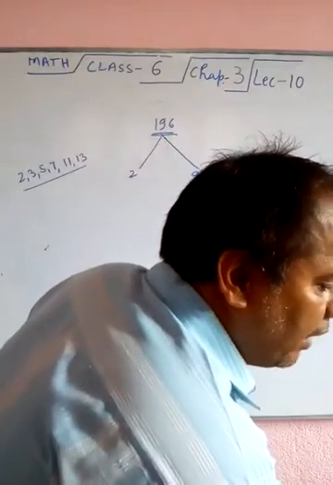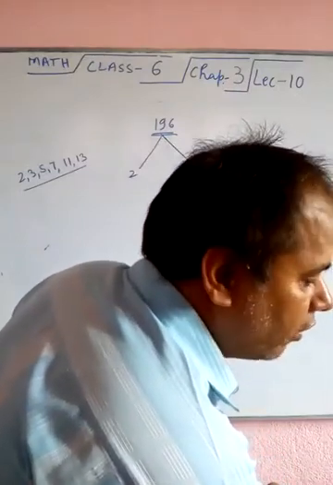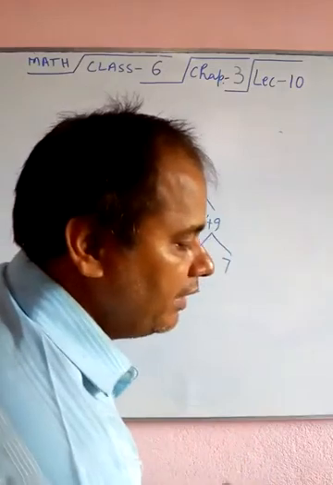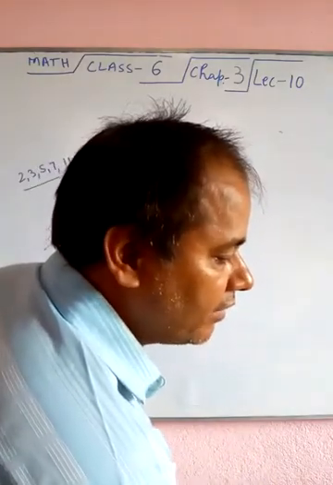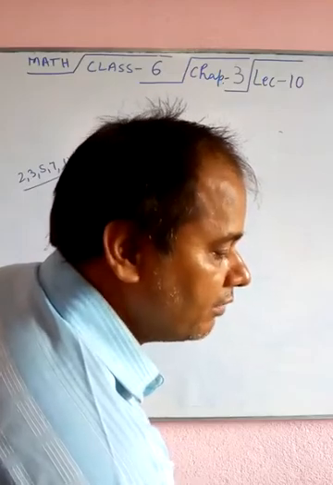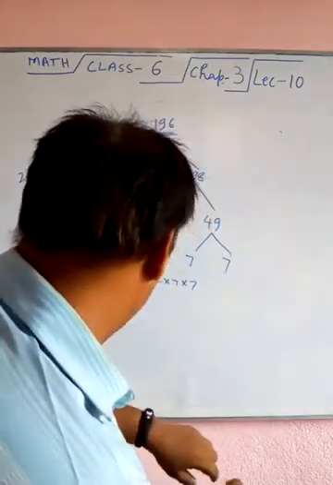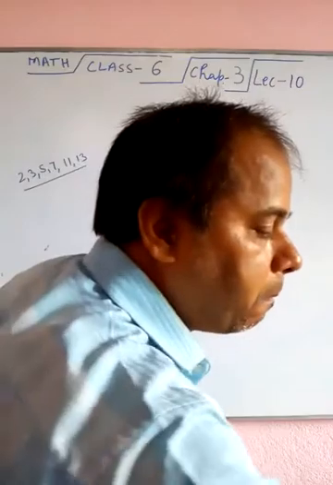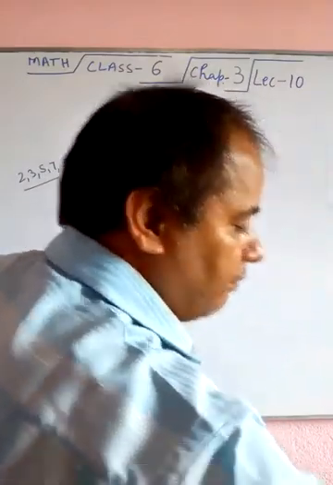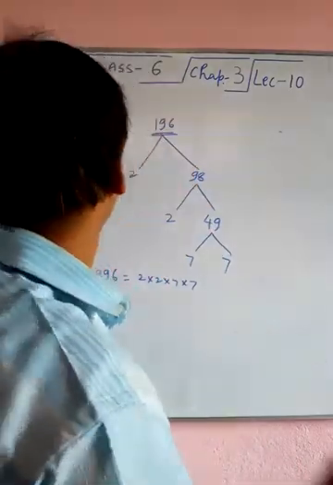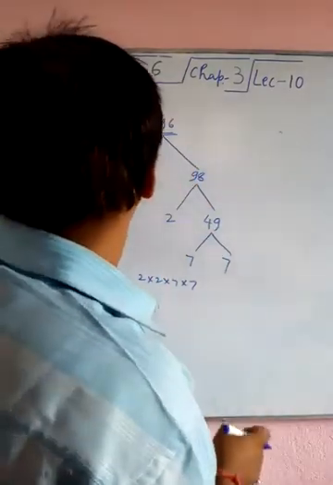Next is example number 17. Method of finding the prime factorization of a number by using short division. So here we will discuss how to find the prime factorization by the short division method. Let us understand it by taking an example. Example number 17.